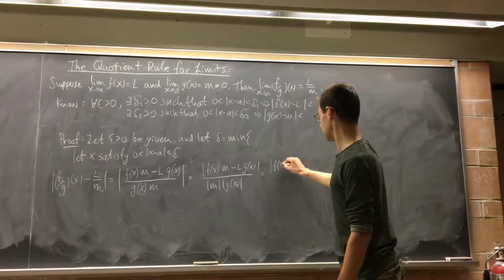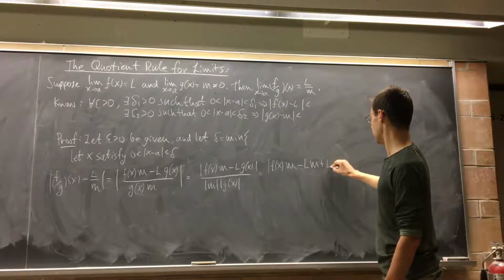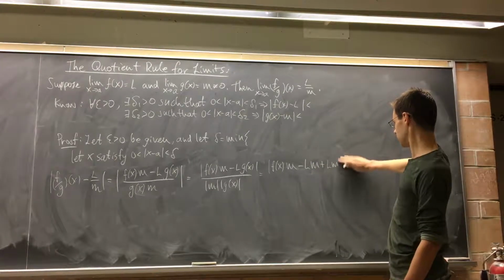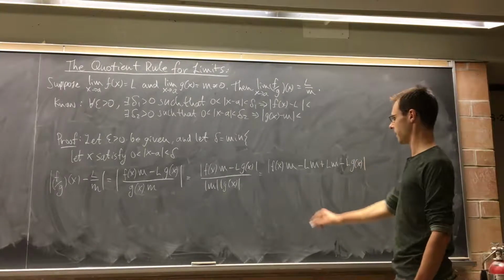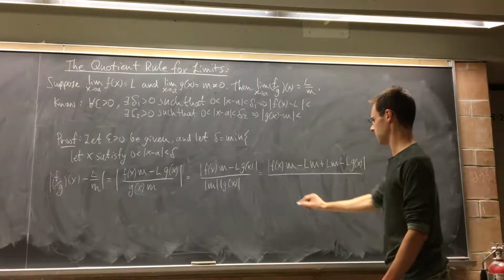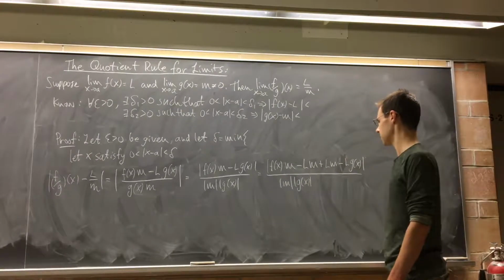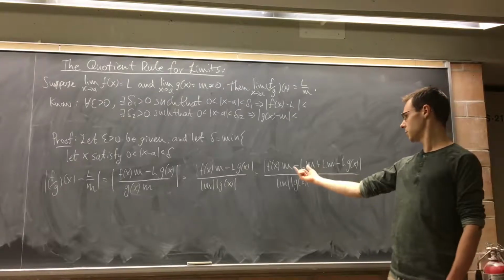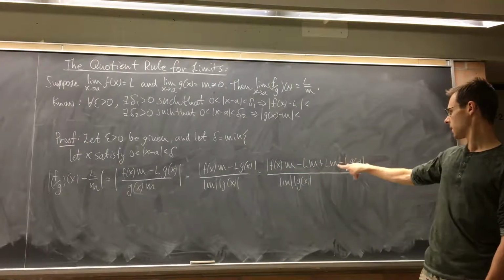So we have f of x times m minus L times m plus L times m, minus L times g of x. Close the abs. Over abs m and abs g. All right? Now, we're ready to split this up using the triangle inequality and factor out an m from here and an L from here.